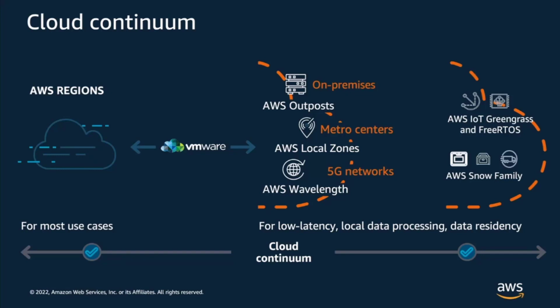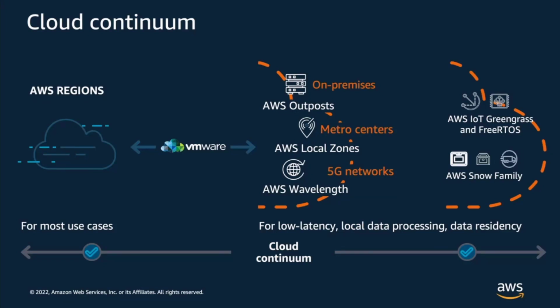So I want to talk a bit about where we land on this cloud continuum that AWS makes available. We of course have our in-region capabilities and have the most breadth and depth there and the most capacity there. And if you're happily running your applications in region, there's no discussion trying to convince you to do anything other than that.